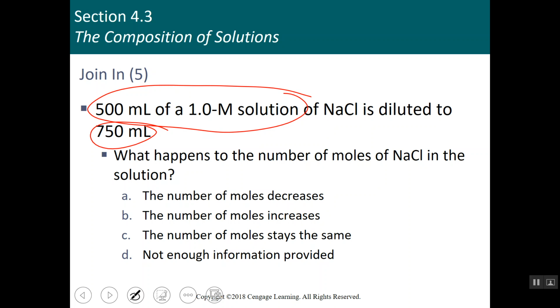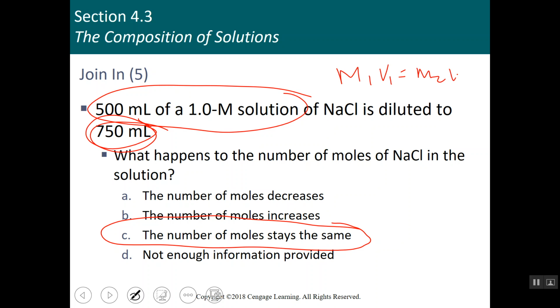So let's say the ions are like little people in the army. All I did was increase the amount of water. So that means the number of moles stays the same. So that's what M1V1 equals M2V2 means, because M times V gives you moles. So the moles before is going to equal the moles after.